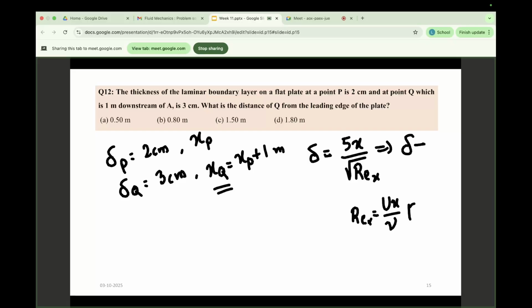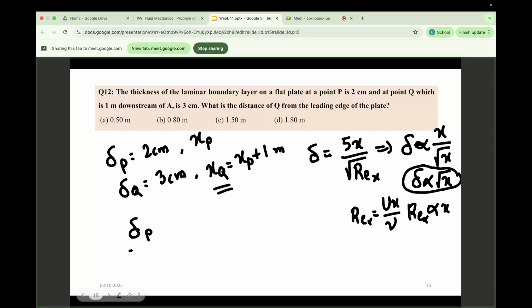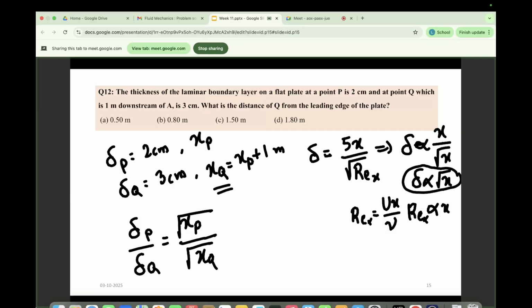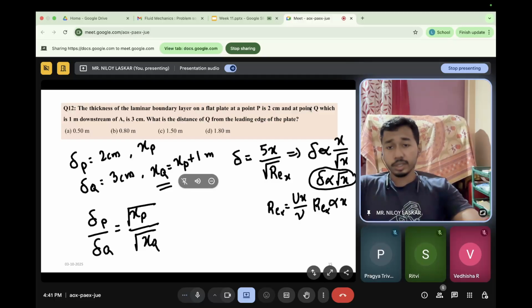So for a single plate, I can write Reynolds number Rx proportional to x. Therefore, delta is proportional to root x. So that is the formula. So use this formula here: delta P by delta Q equals root of XP by XQ. So now I think that you will be easily able to solve this one. Please solve and tell which one will be the answer.